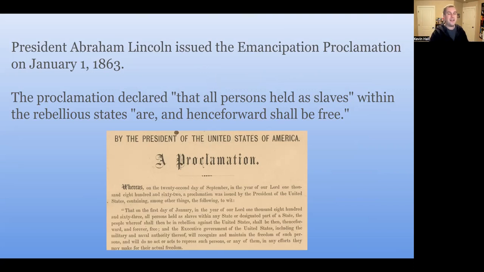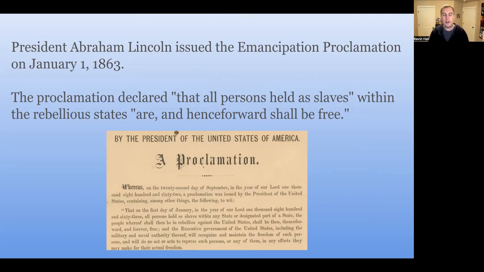Now that will become an issue a little bit later because there was still maybe a slave here and there. Someone was getting away with it in the North. And so that's why later they will pass the 13th Amendment, adding it to the Constitution, making it officially illegal to have slaves in the United States. Okay.